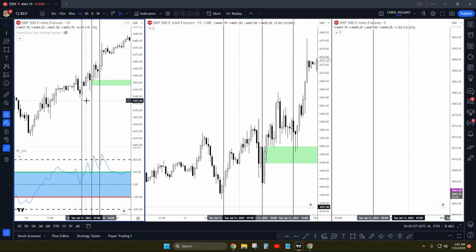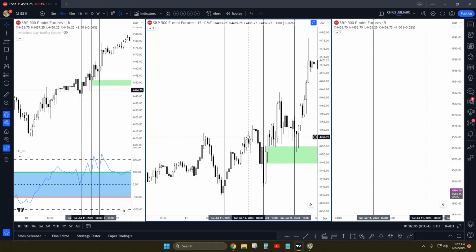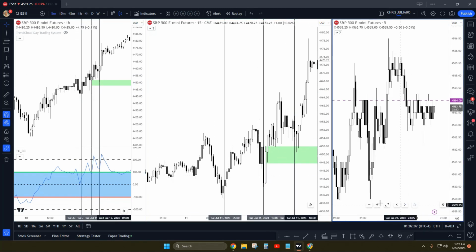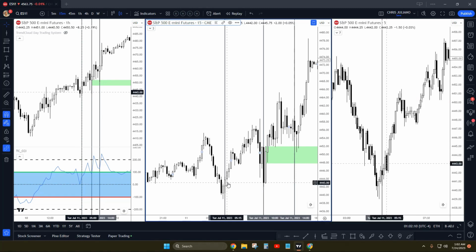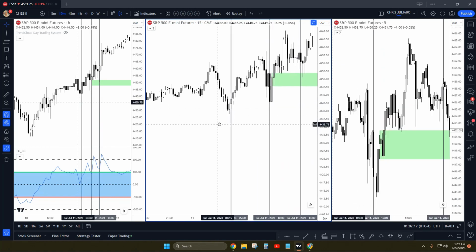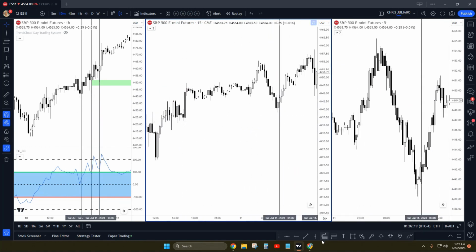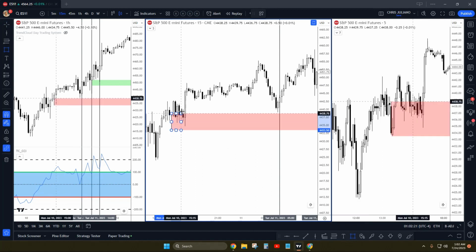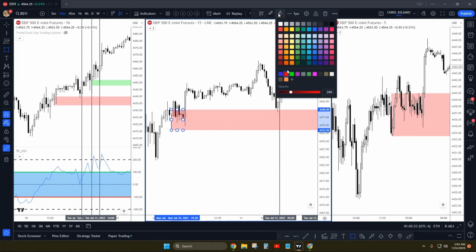The pullbacks that are taking place in this 1-hour uptrend are pulling back on your lower time frames, okay, the 15 and the 5. They're pulling back into your lower time frames into areas of demand right here.